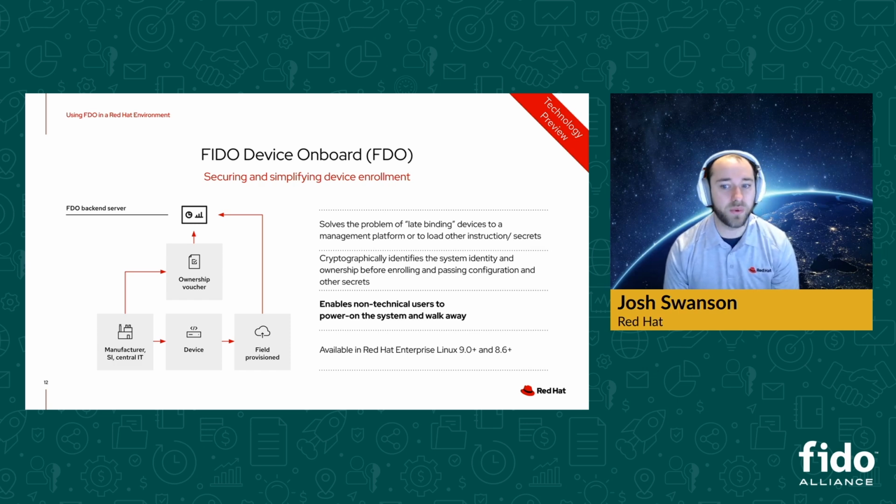It also gives us a way to track and identify the systems as they roll through our deployment process. Because this is done cryptographically, we have a very strong level of trust in that, right? We know what device is what. We know exactly where it's been deployed. We know when it was onboarded. And we're confident that now we can roll out our mission critical applications and our mission critical data to it with a high degree of confidence.